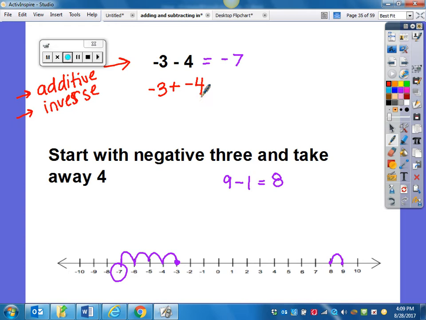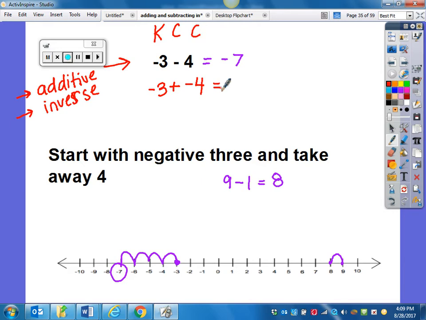What I did just then was I changed the subtraction problem into an addition problem by doing what's called the additive inverse. Those two problems are stating the same thing. In class, we abbreviated that as the keep, change, change method. You're keeping the first number, you're changing the sign, and you're changing the second number.